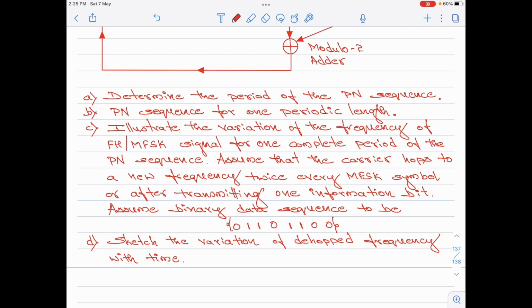Assume that the carrier hops to a new frequency twice every MFSK symbol or after transmitting one information bit. Assume binary data sequence to be 0110, 1100. Lastly, part D of the question says, sketch the variation of the hopped frequency with respect to time.